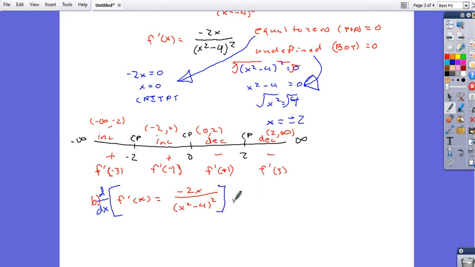I'm going to work a little bit sideways here. So f double prime of x, the second derivative, is once again a quotient rule. Here's the top, here's the bottom. But on the bottom you have a chain rule, don't you? So we take the derivative of the top, negative 2.